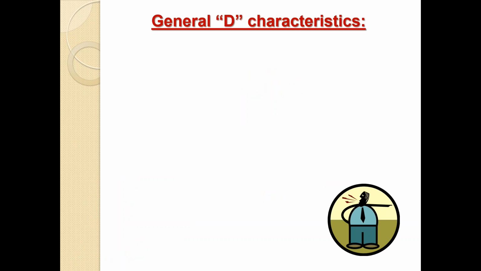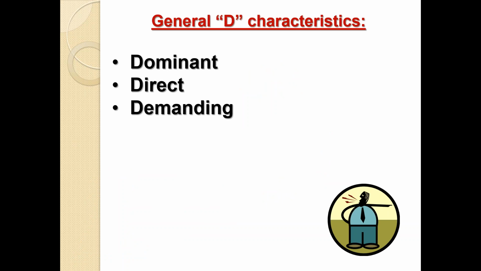So D characteristics. They're dominant. There's no doubt there. They're direct. They're demanding. They sound like terrible people so far, don't they? But they're not. I mean, they usually have some great things about them.